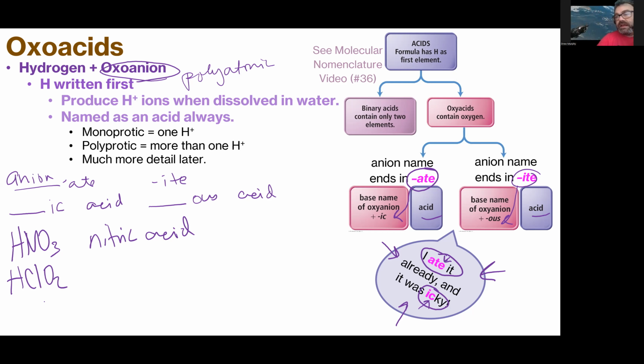That's ITE. ITE has to be ous. So this is chlorous acid. Not too bad. If we have H2SO4, SO4 is sulfate. So this becomes sulfuric acid.